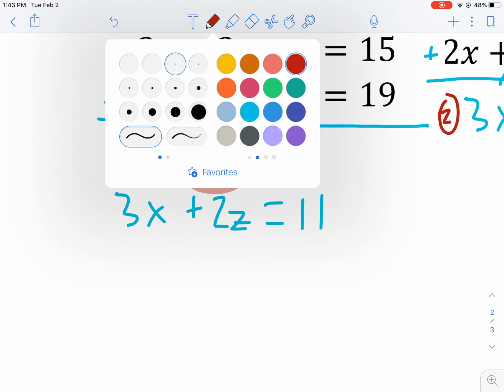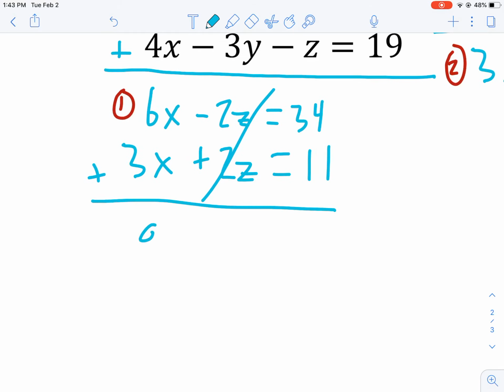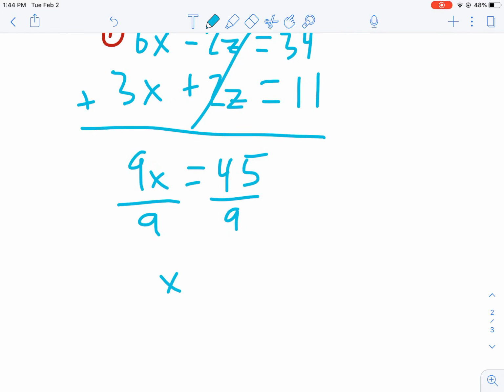So if I add these together, my z's will cancel. So I can do 6x plus 3x, that's 9x. 34 plus 11, that's 45. 45 divided by 9, we get x equals 5.